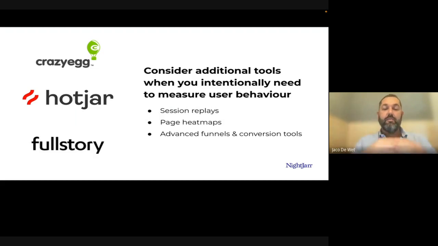It'll give you heat maps of how far they scrolled, what areas people tried to click on, or, I don't know if you do it, but I do, you almost read with your cursor, and you can see where people are focusing their time. And obviously, most of these tools have more advanced funnels, etc. as well. All of this, in one way or another, is available in Google, but maybe not to the same extent.